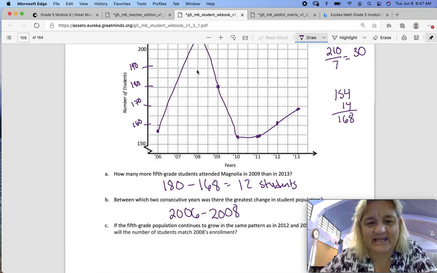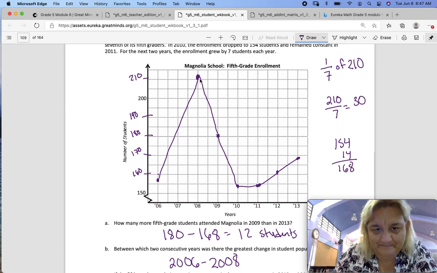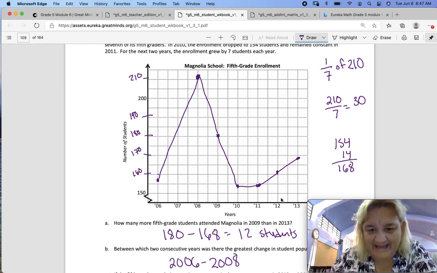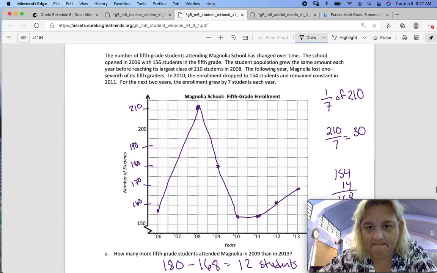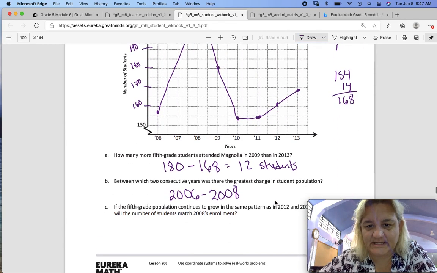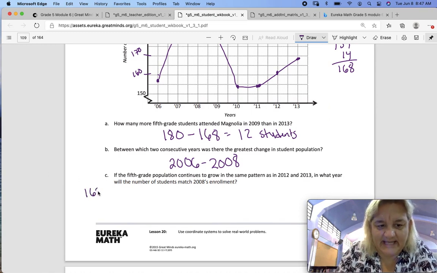So in 2008, they had 210 students, right? And if they are gaining 7 students a year, so 168 plus 7 plus 7 plus 7, right?